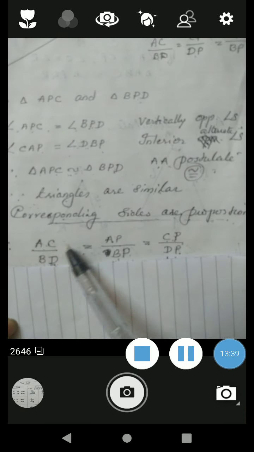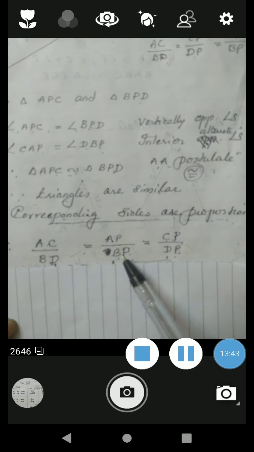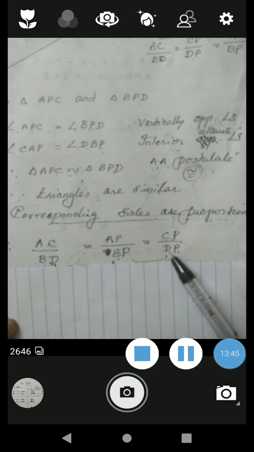The sides opposite to equal angles are corresponding sides. In this way, we can find corresponding sides and they are proportional. AC by BD equals AP by BP equals CP by DP. Here, the numerator has the sides of the same triangle, and the denominator has the sides of the other same triangle. Like this, you have to write.